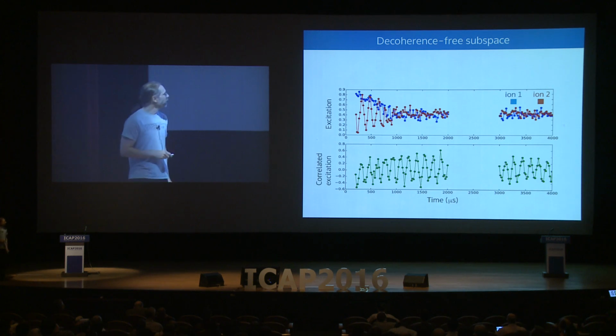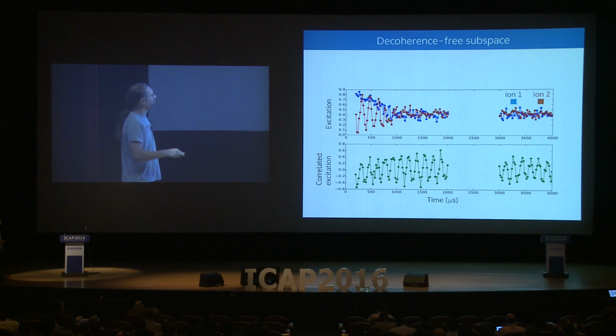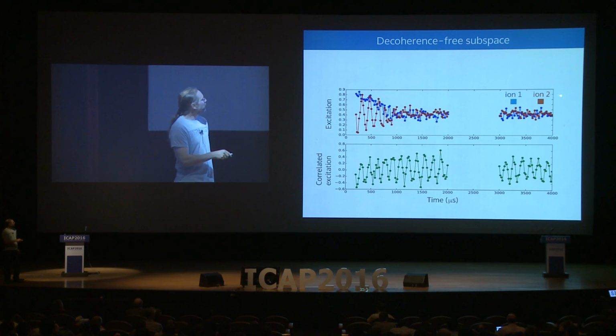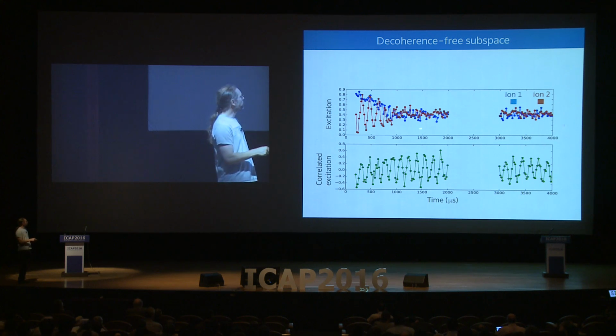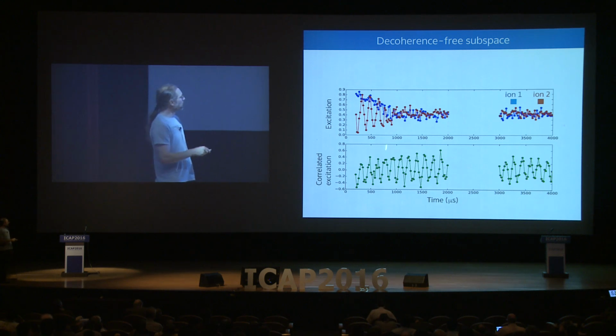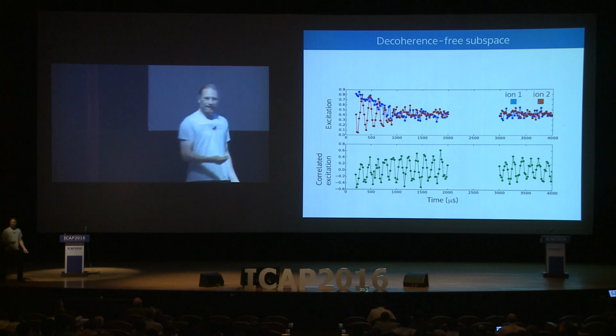You can see the consequences of this here. What I show here is Ramsey fringes: a pi/2 pulse, some waiting time indicated on the x-axis, and then another pi/2 pulse. You can see that ion number 2 oscillates because we are slightly detuned; there's a small magnetic field gradient. For ion number 1, we are perfectly on resonance. But after 1,000 microseconds, there's no contrast left.